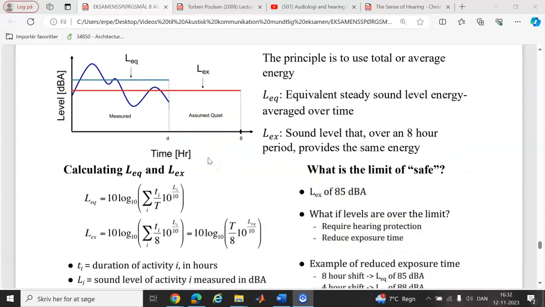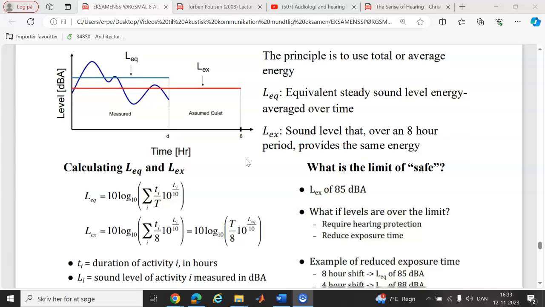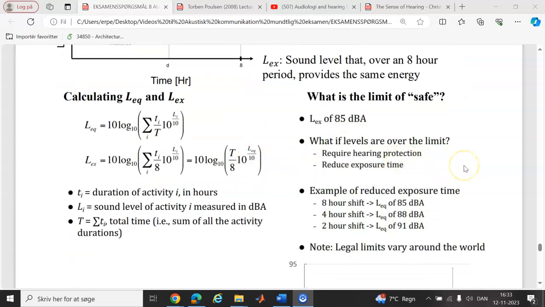So there are formulas for calculating LEQ and LEX. What is the limit of safe? It's about 85 dBA. What if levels are over the limit? Require hearing protection, reduce exposure time. Example of reduced exposure time: 8-hour shift, LEQ of 85 dBA, 4-hour shift.